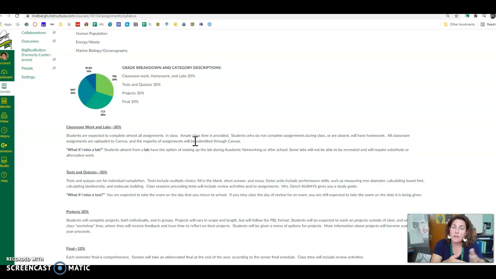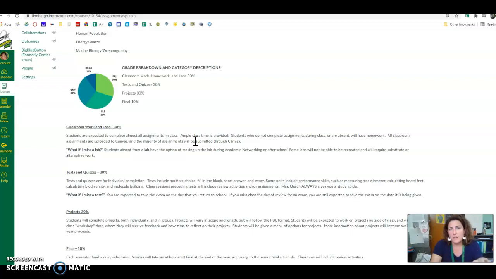Tests and quizzes, we're going to have frequent smaller quizzes instead of one big mega test at the end of every unit. And then we'll have projects, and the projects portion is still coming into fruition in our minds, Mr. Schultz and I, and this will include both individual and collaborative projects.